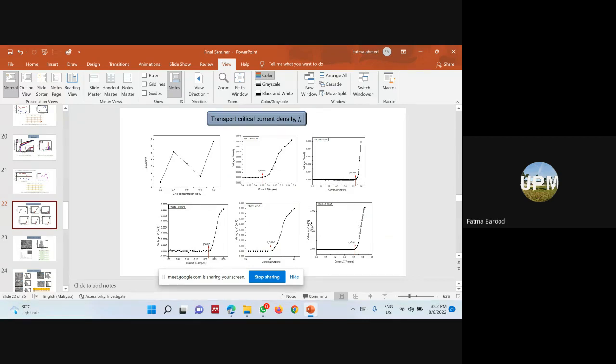But maybe I cannot decide now. I need to measure the Jc for titanium oxide and also for silicon carbide, to see which nanoparticle has the highest Jc. Then I can decide which nanoparticle is best.